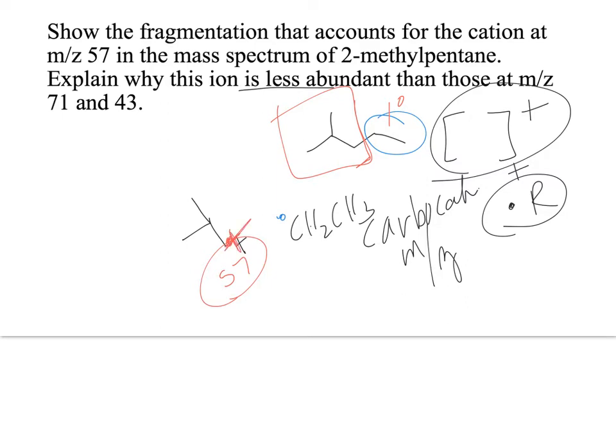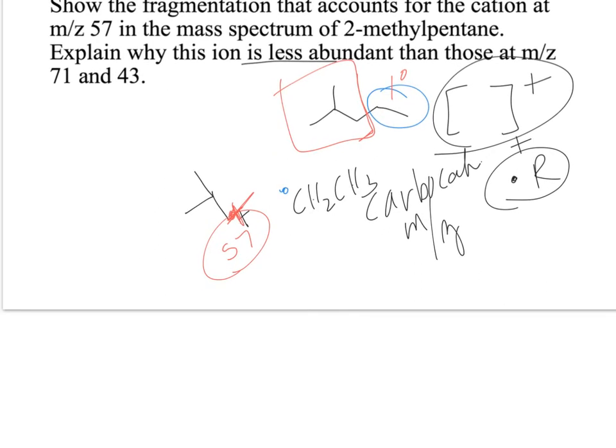So if you look at M43 and M71, you'll see that those give you more stable carbocations. So let's say you draw this back out. What if you fragment right here?